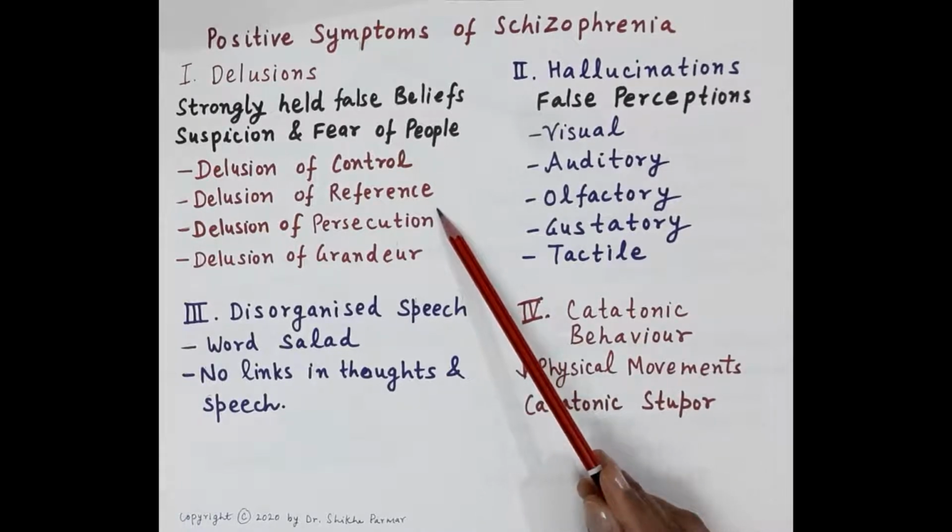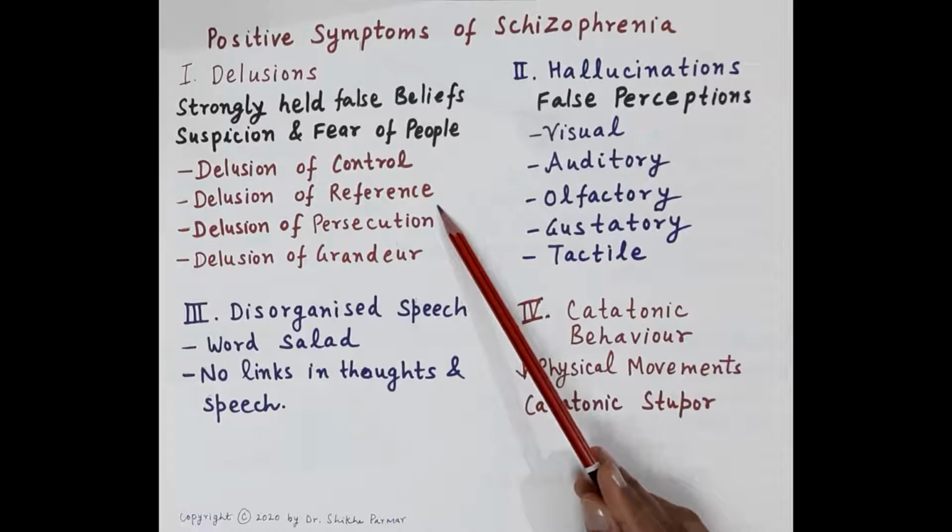Now it can be the delusion of reference. Now the affected individual feels that he or she is being referred to or targeted, and neutral messages are perceived as personal messages, and the affected individual feels that these personal messages are being communicated through TV, SMS, WhatsApp, social media.